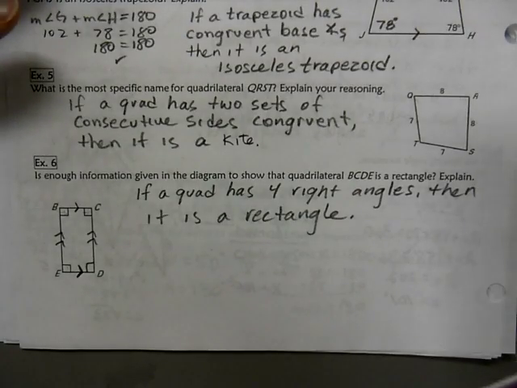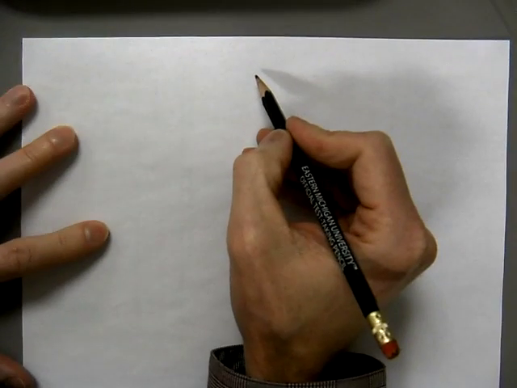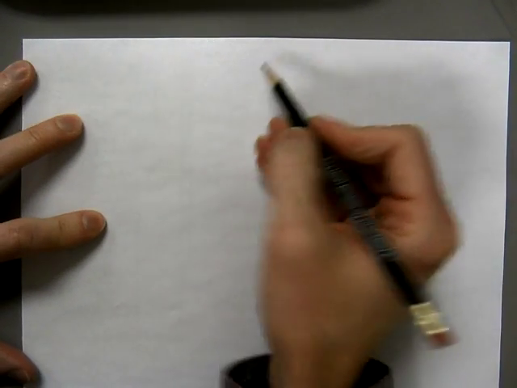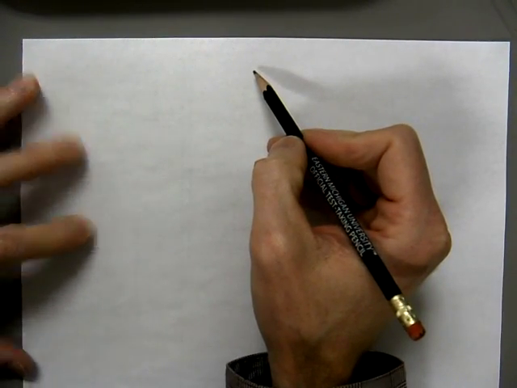Okay, next what I'd like you to do is to take your blank sheet of paper, turn it so it's landscape. At the very top, we're going to draw a quadrilateral.